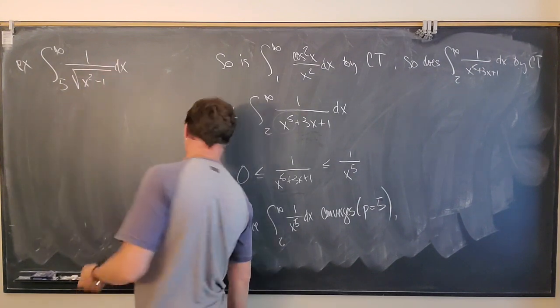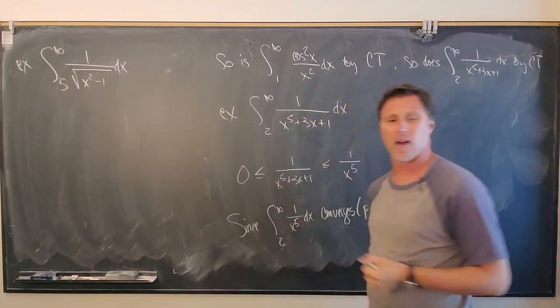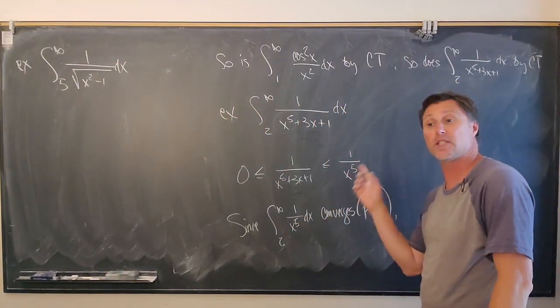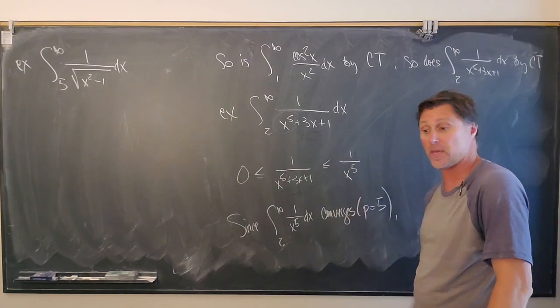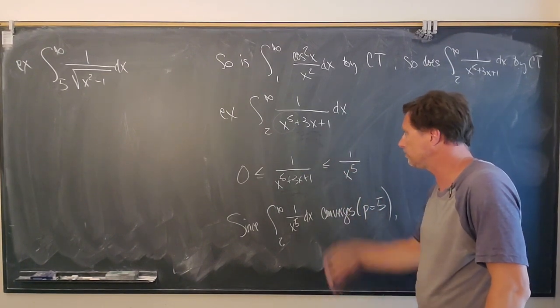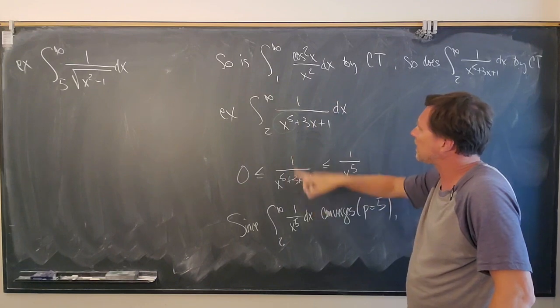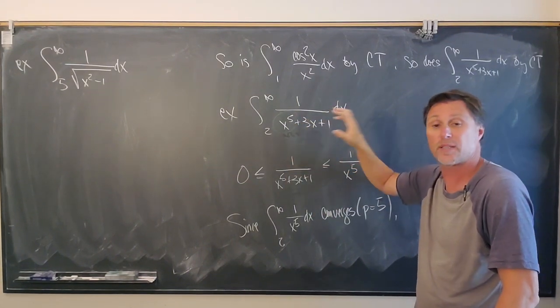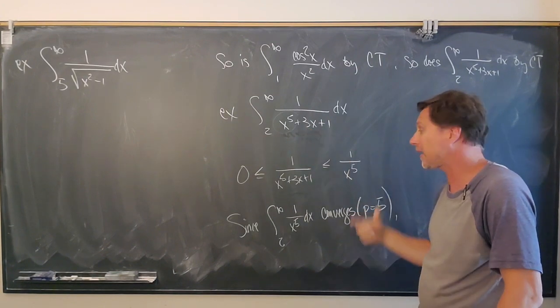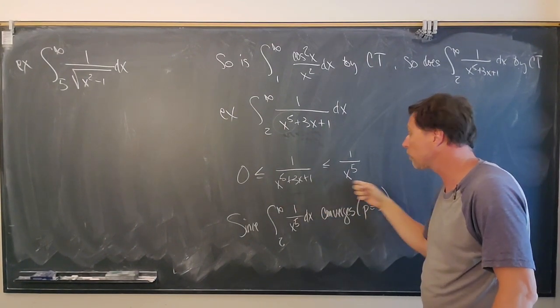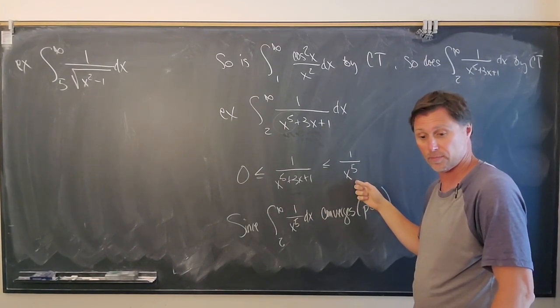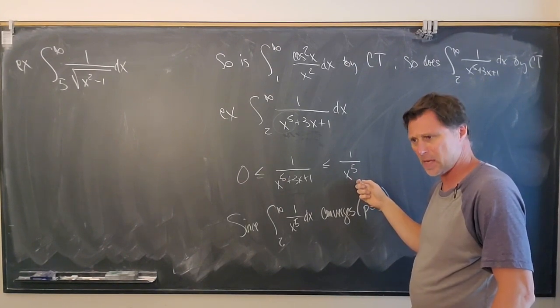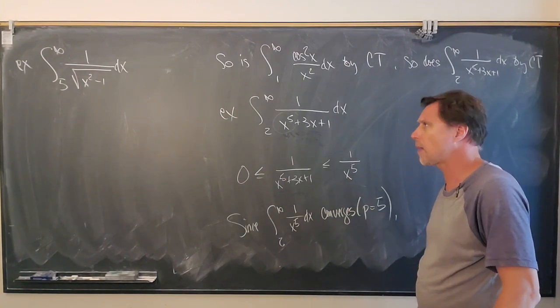Now, when you apply the comparison test, you kind of got to have an idea of whether it's going to converge or diverge, because you need to decide whether you're going to use part A or part B of the comparison test. So in this case, I looked at it, I said, this is going to behave like a 1 over x to the fifth, which means it's going to converge. So I want to make my integrand smaller than something I know converges. But if you're going to use part B, you need to make things go the opposite direction.